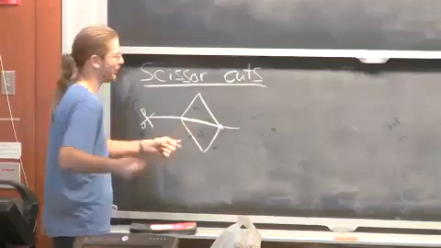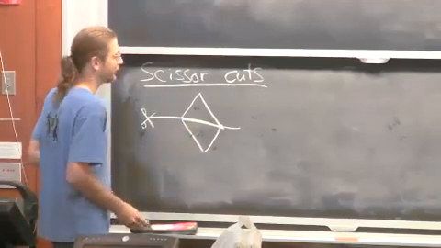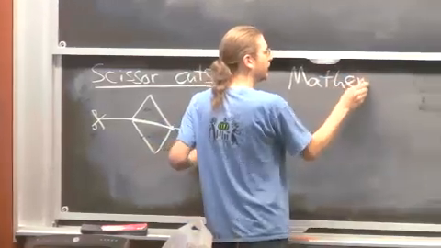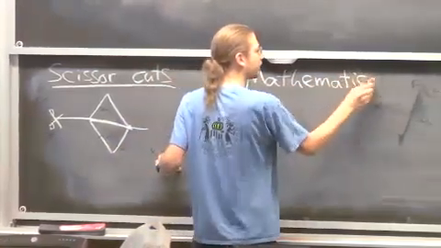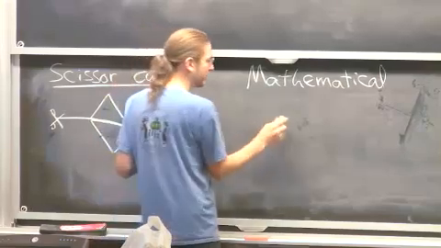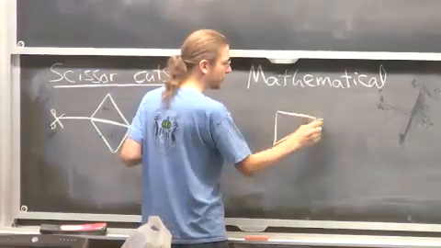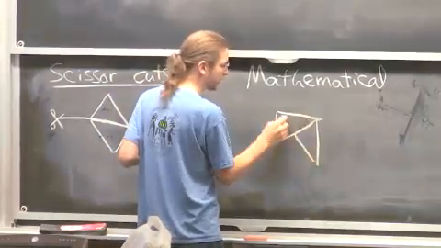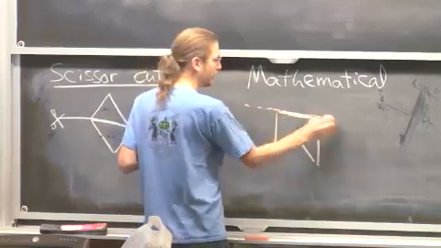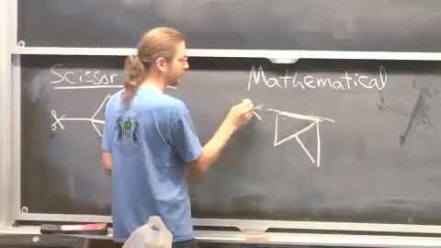They tear apart material. An alternative is that you have a mathematical cut. And a mathematical cut can cut right along a crease line. So it could be you have two polygons, there's a fold between them, and you can cut right along that line.